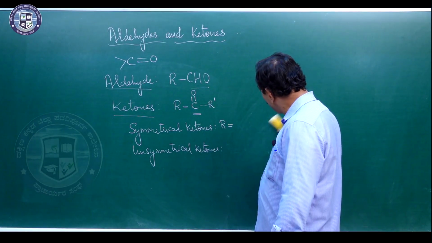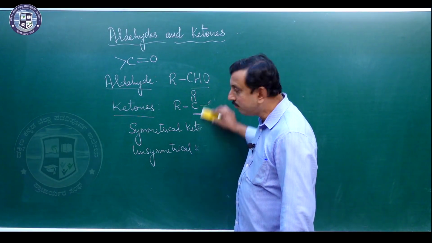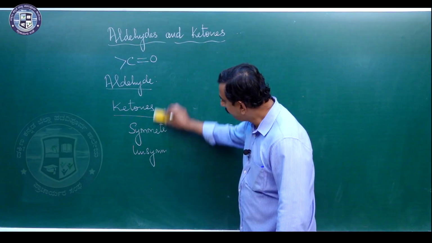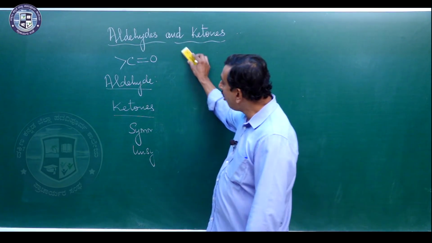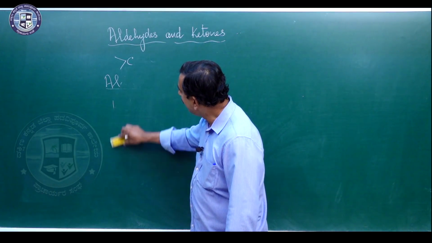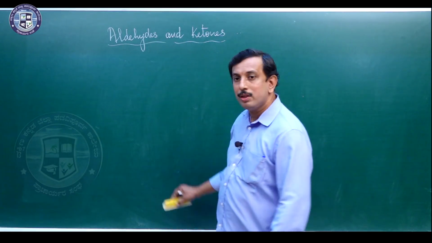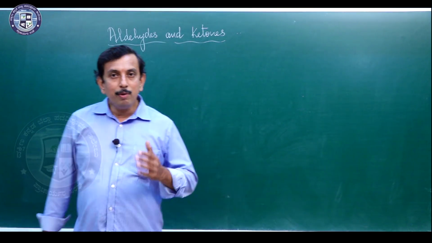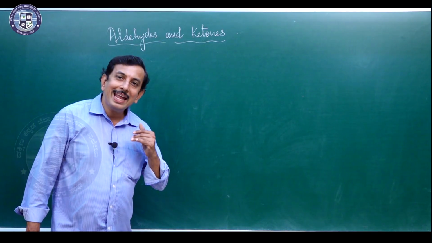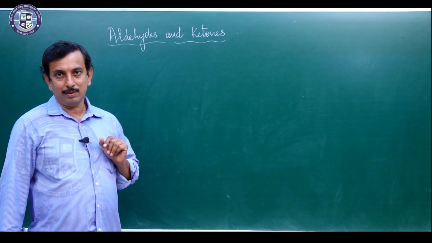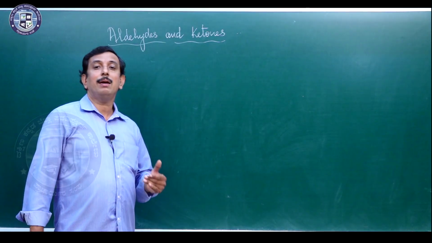The next part, as usual in organic chemistry, is nomenclature. As you know, the naming part of any organic compound is the most important. Why? Because an organic compound without a name has no meaning. Therefore, how do we name an organic compound?